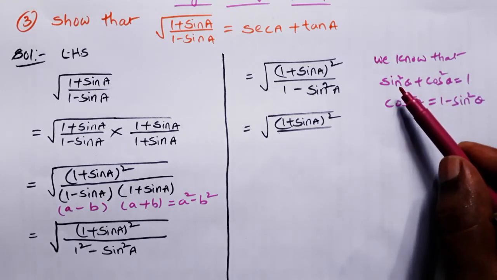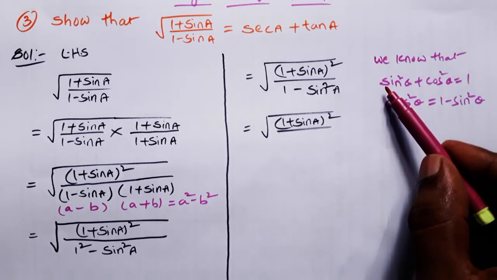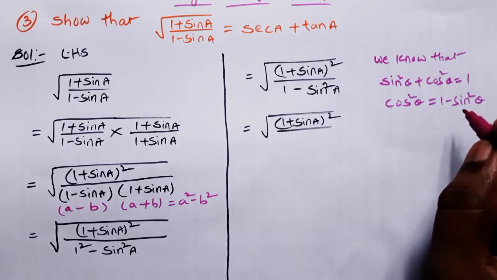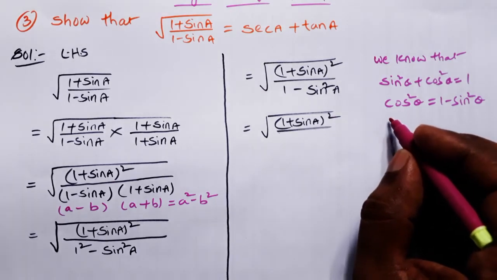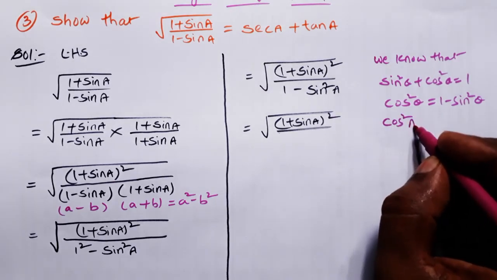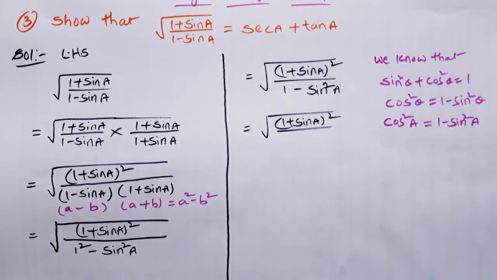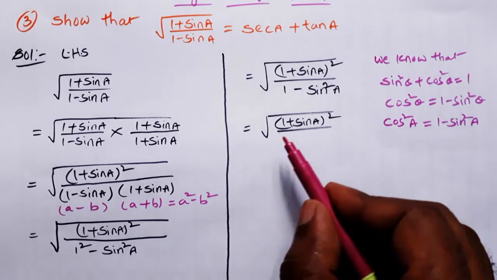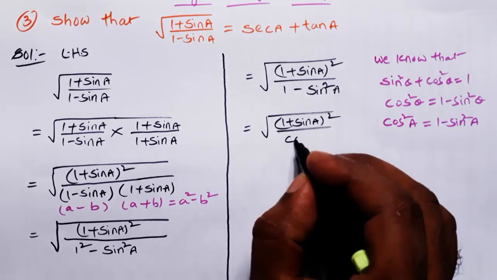See here, sin square theta I wrote on the right hand side; plus here means on the right hand side it becomes minus. Cos square theta equals 1 minus sin square theta. In the same way here we have A, no? So we can write cos square A equals 1 minus sin square A. So the answer for 1 minus sin square A, what is it? Cos square A, right? 1 minus sin square A is cos square A.